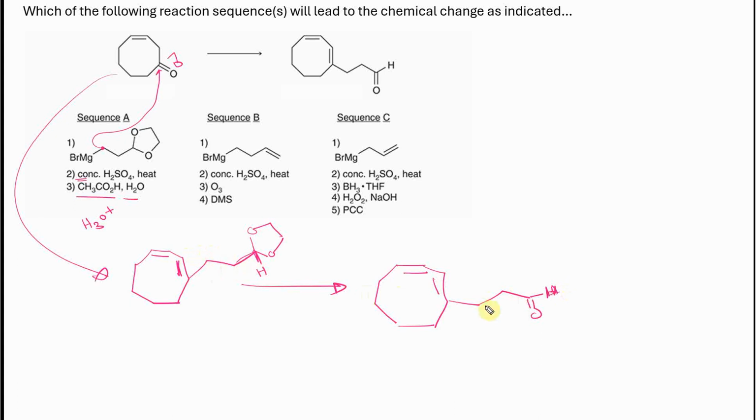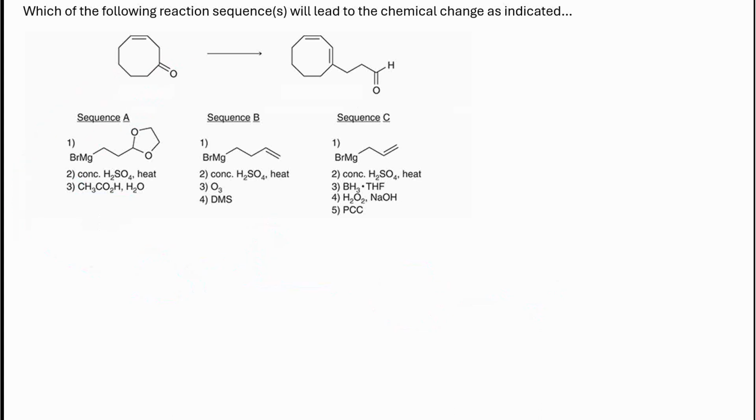So 1, 2, 3, a 3 carbon chain, which means sequence A will work just fine the way it is written. Okay, sounds good.